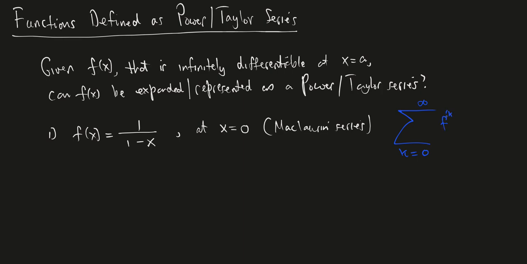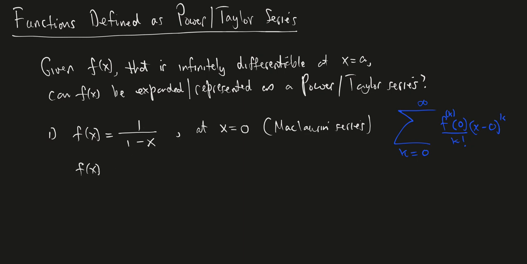It's the kth derivative, evaluated at 0, over k factorial, times x minus 0 to the kth power. So the thing is, we need to come up with a formula for the kth or nth derivative, the general derivative of this function. So let's see if we can do that.